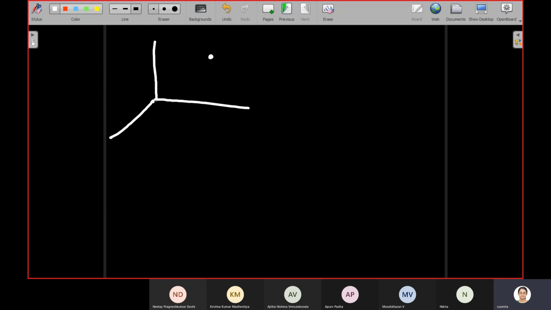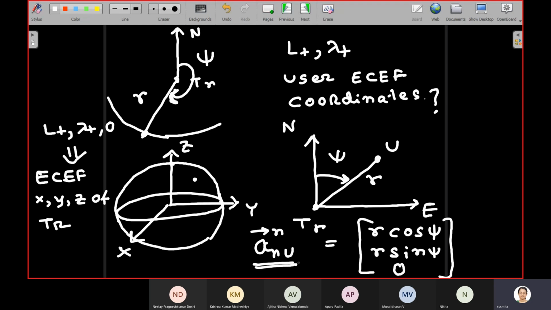And you also found this vector, but it is resolved along the NED frame at the transmitter, correct?